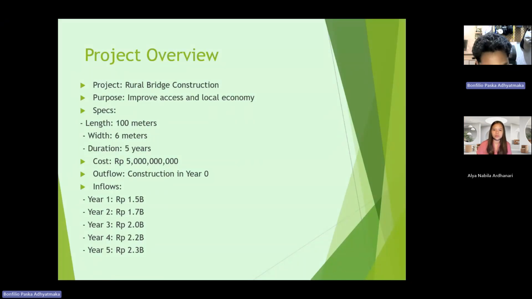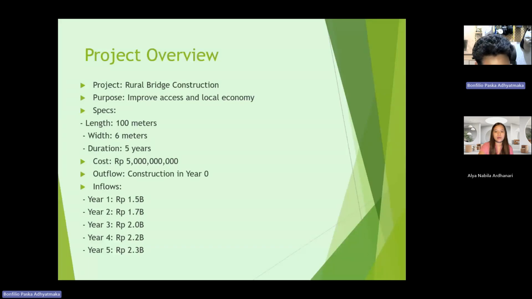The bridge itself will be 100 meters long and 6 meters wide. It is designed to accommodate both vehicles and pedestrians. The total project duration is 5 years, covering the full life cycle from construction to economic impact realization.